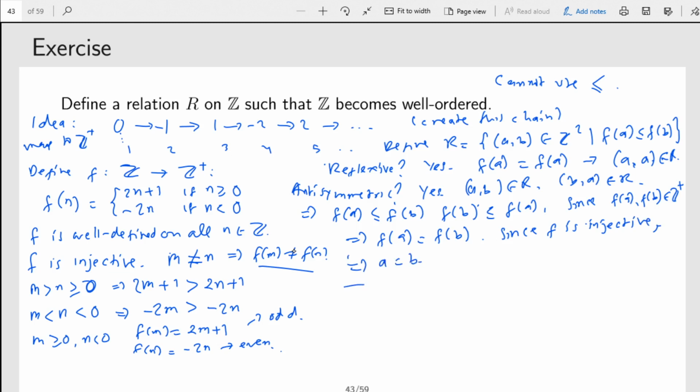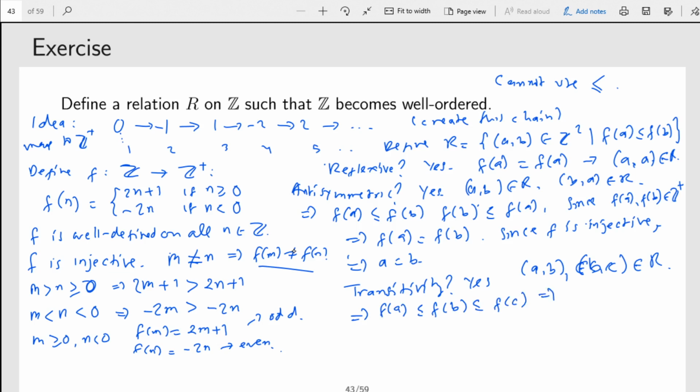Now transitivity is clear, because if (a, b) and (b, c) are in the relation, then we have f(a) less than or equal to f(b) less than or equal to f(c), so f(a) is less than or equal to f(c), and therefore (a, c) is in the relation.